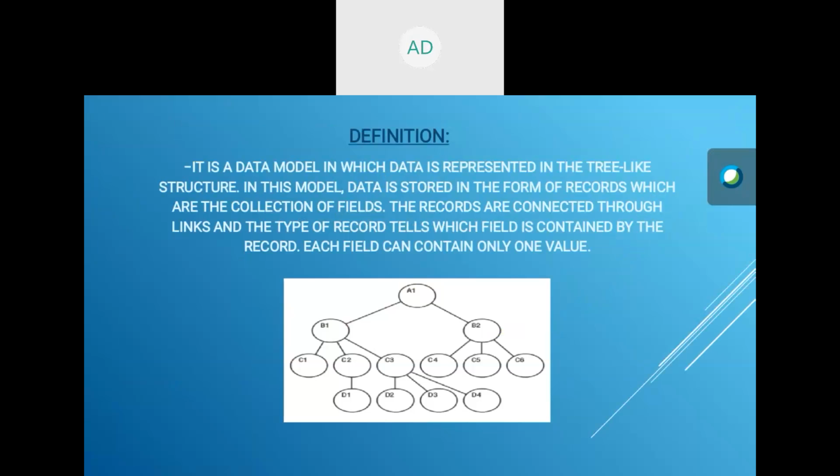This is the kind of structure, the way files work. B1 and B2 are the children of A1, and C1, C2, C3, C4, up to C5 are the children of B2, and the rest are like that. It represents a hierarchical database. It represents one-to-many relationships efficiently.